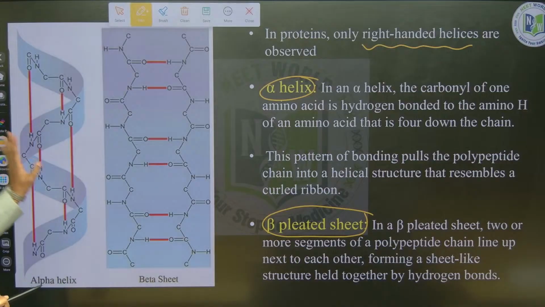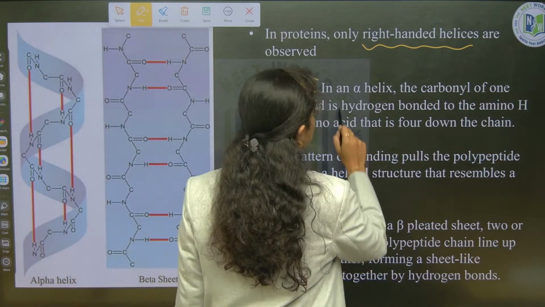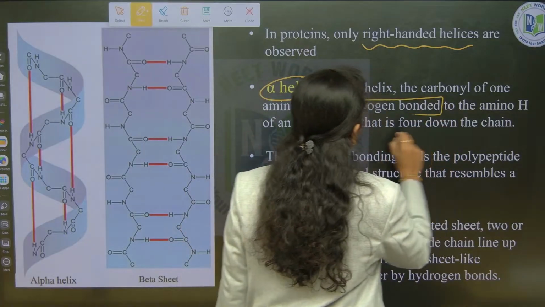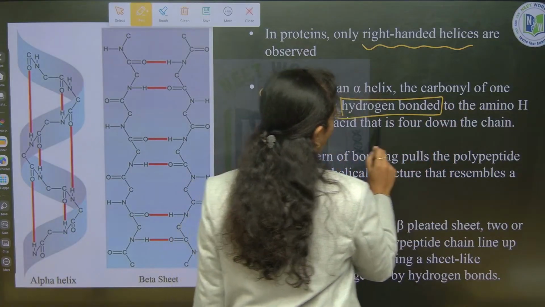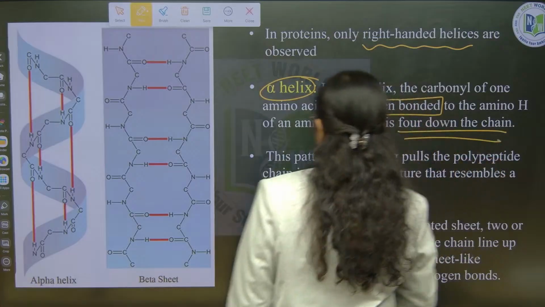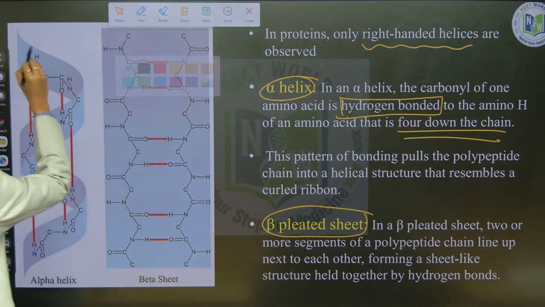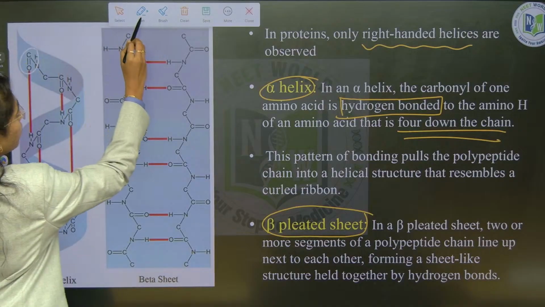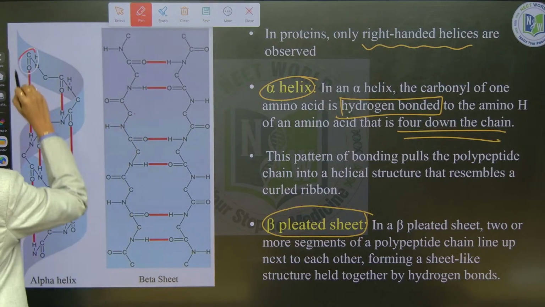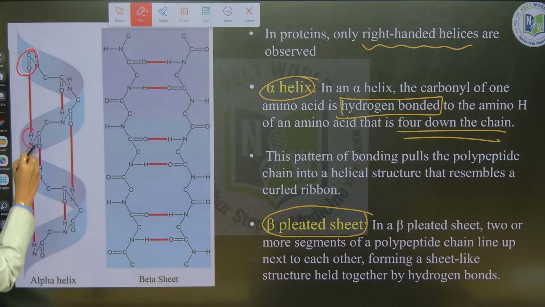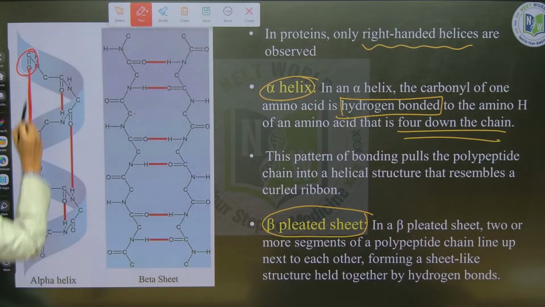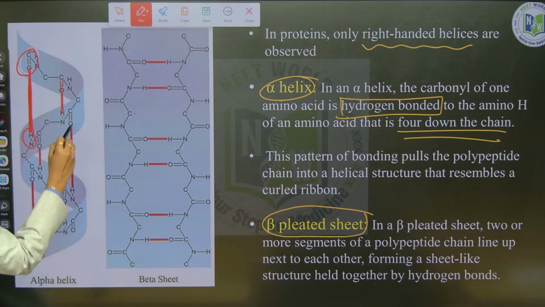In an alpha helix, the carbonyl of one amino acid is hydrogen bonded to the H of the amino acid 4 down the chain. Can you see here? The carbonyl group of one amino acid is bonded to the amino group of the 4th amino acid down.